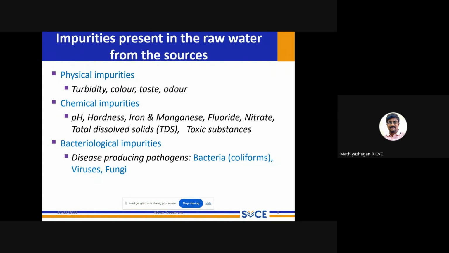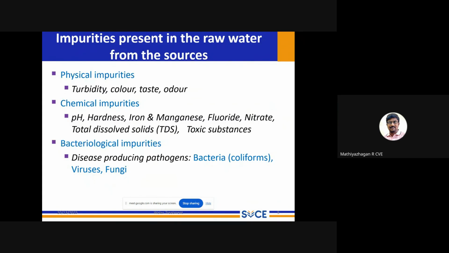These are all the impurities, which we can classify under physical, chemical, and biological. Turbidity, temperature, color, odor, and taste are some of the physical impurities. Under the chemical, we have pH, hardness, fluoride, iron and manganese, nitrates, and any kind of solids and toxic substances.